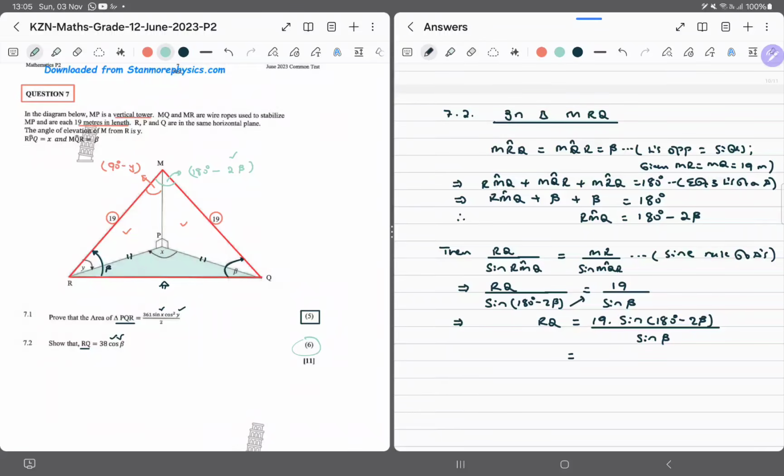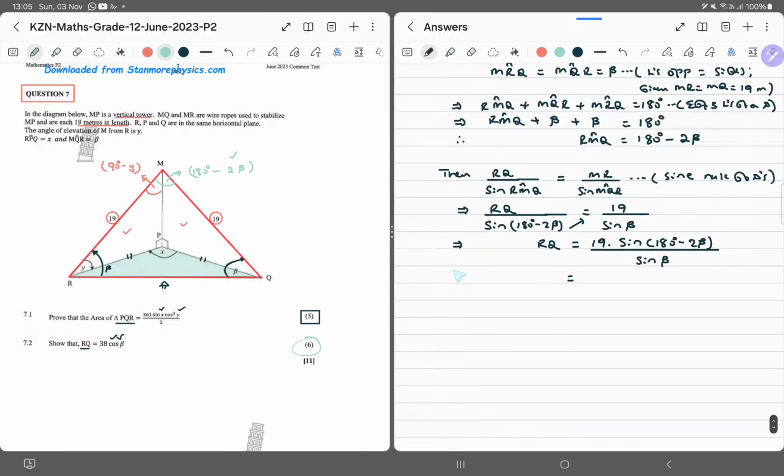Okay, so we can simplify this. Now this is 19 times, now this is the angle in the second quadrant. We're doing reduction formulae from our 3-step approach. This is as good as sine 2 beta all over sine beta.